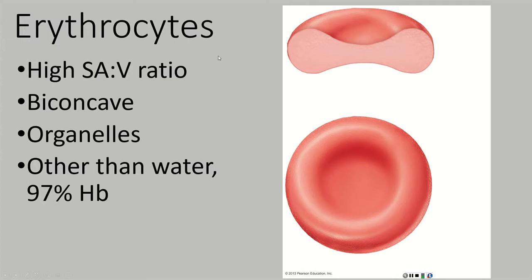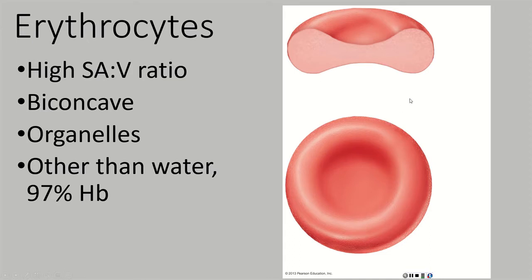Well, the oxygen is carried inside, so the oxygen needs to be able to pass through. The more surface there is, the more space there is for oxygen to move into the cell. So a very high surface area to volume ratio makes it really efficient for oxygen to move in and out. Biconcave, well, the biconcave is why it has that high surface area to volume ratio.